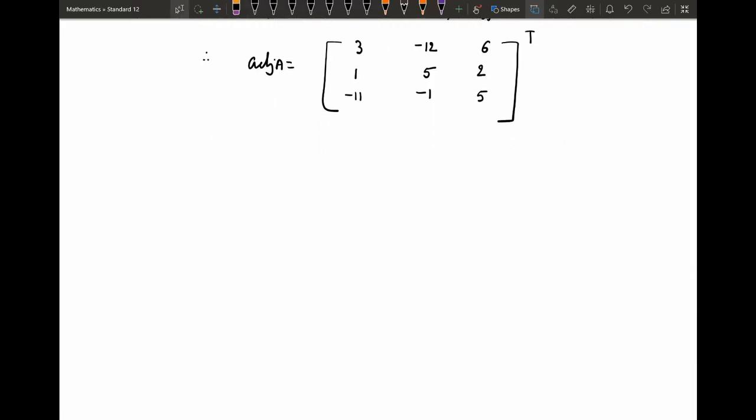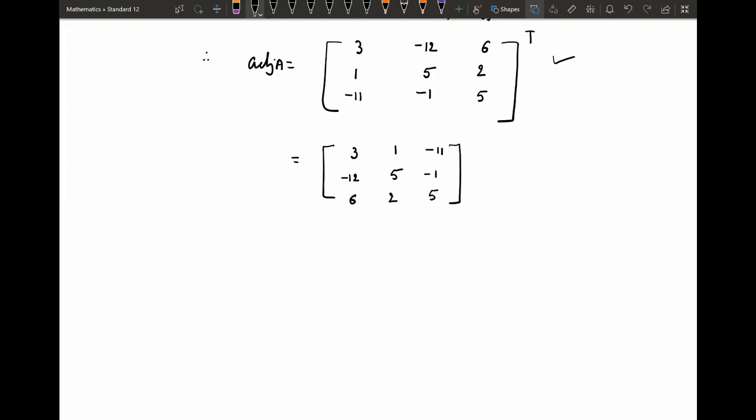So adjoint A will be, rows are converted into corresponding columns due to the transpose: 3 minus 12 6, 1 5 2, minus 11 minus 1 5. So this is the adjoint.